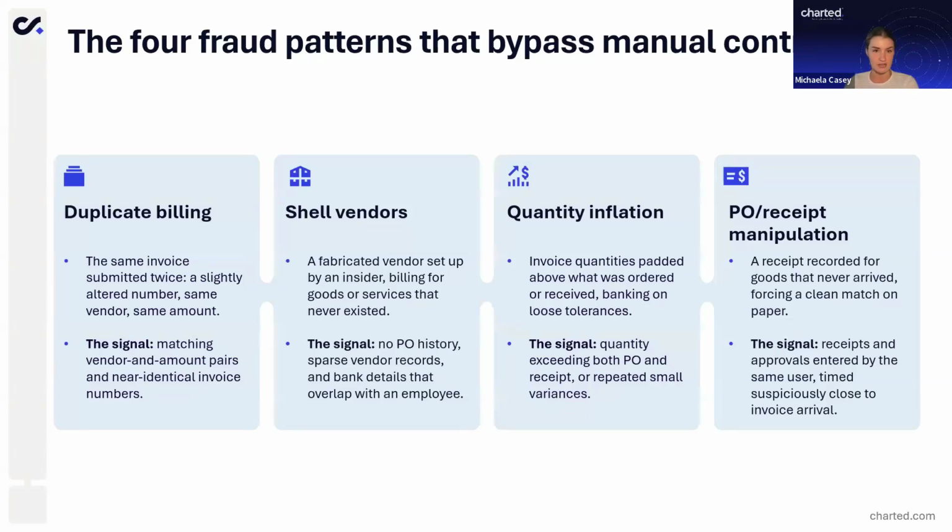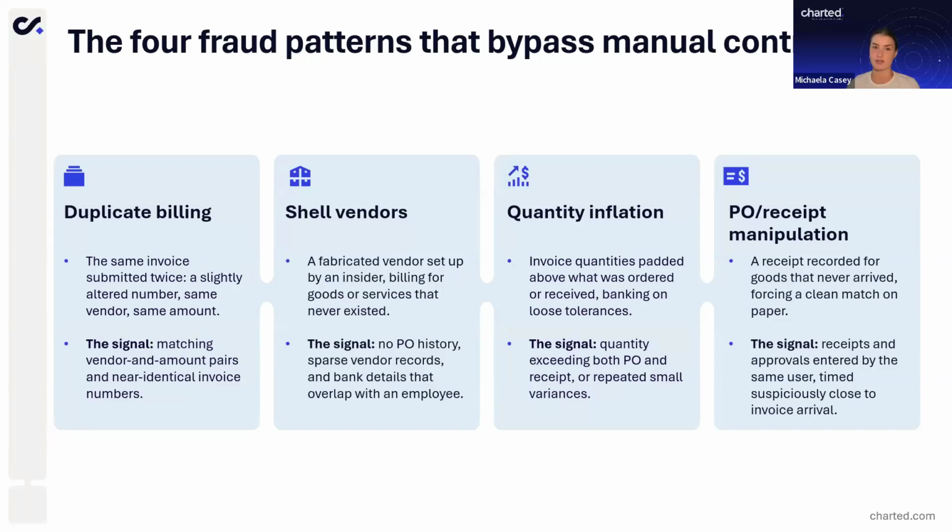So the vendor and amount pairs and the invoice numbers are almost, but not quite, identical. That human scanning queue won't spot the dash discrepancy, and a system that utilizes three-way match functionality will compare every invoice against the history that it has scanned previously, and it will spot that duplicate billing immediately.